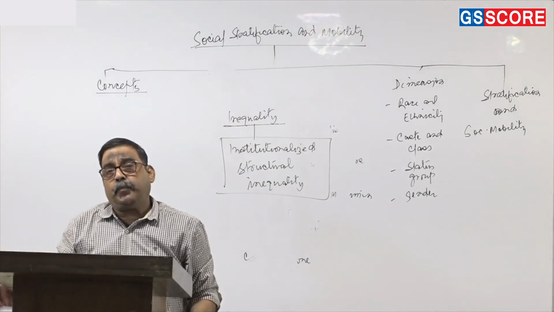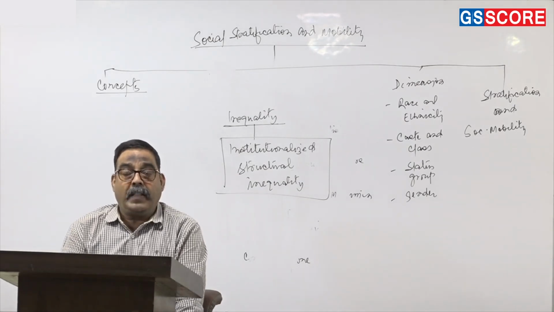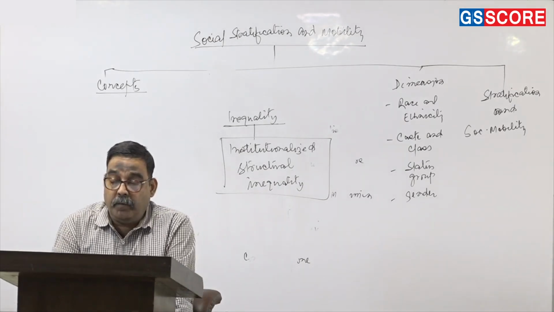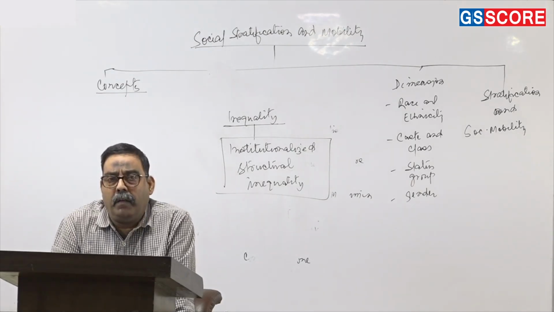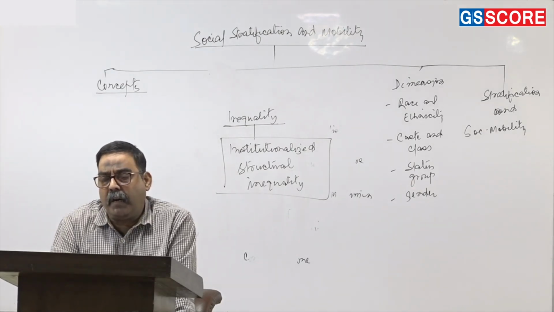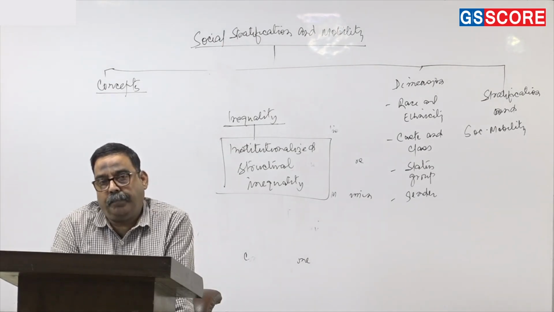Tumin critically introspects Davis and Moore's propositions on stratification. He does not believe that it is unconsciously evolved. Rather, he says that social stratification is consciously created by the society.